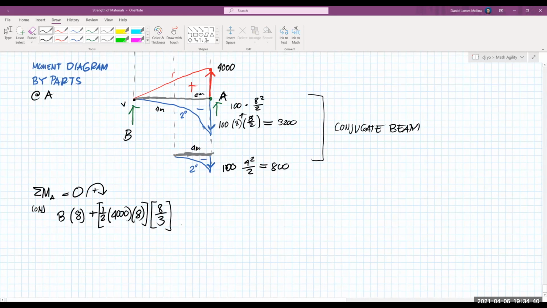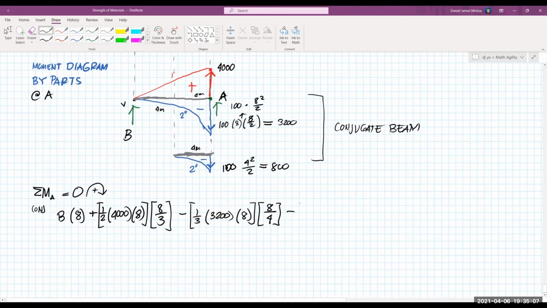And then we have the two negative moments. So we have minus the area of the parabolic spandrel, which is one third base times height. So we have one third, 3,200 for the larger one, times 8. And then the moment arm from A will be one fourth of 8. That is a geometric property of a parabolic spandrel.